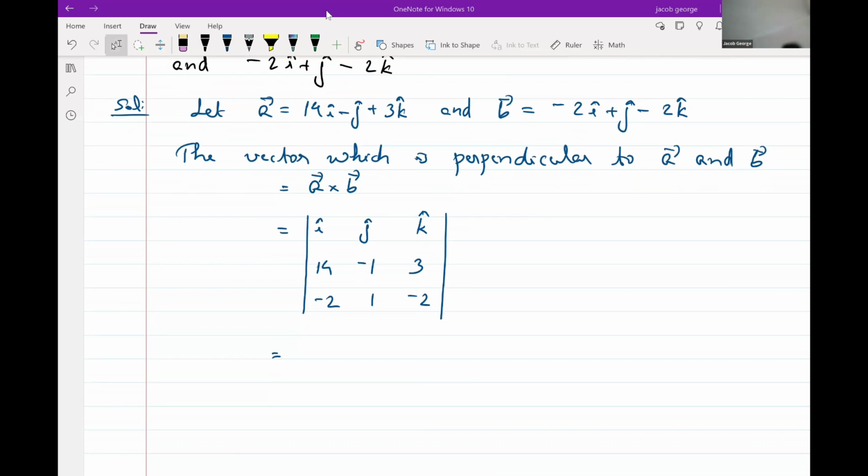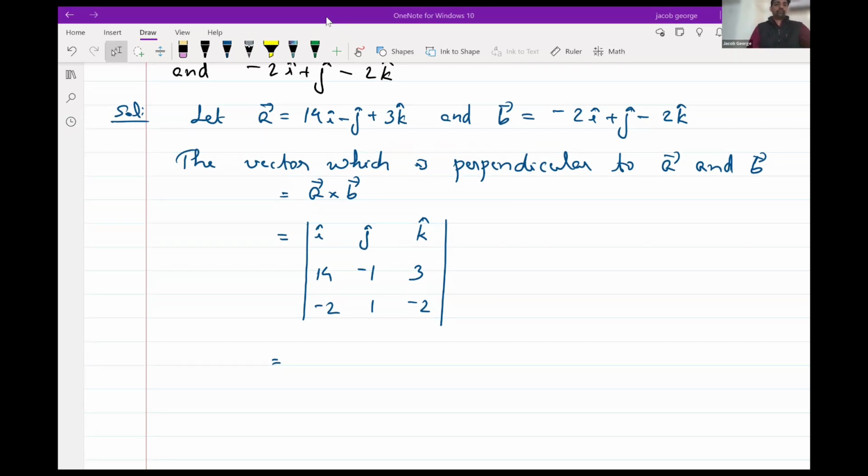Can you open this determinant and simplify? So here we get the cross product by this calculation. Everybody, please try to open this cross product.